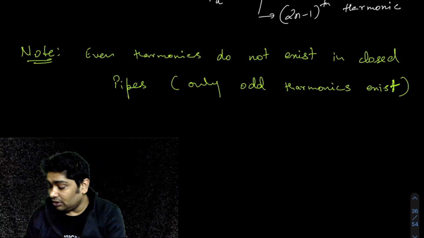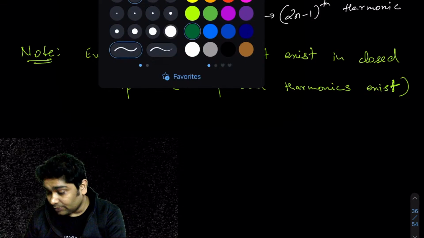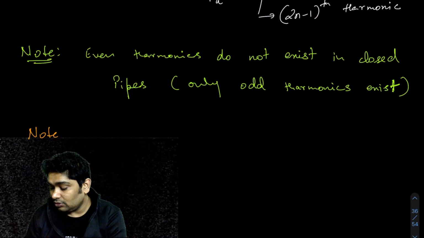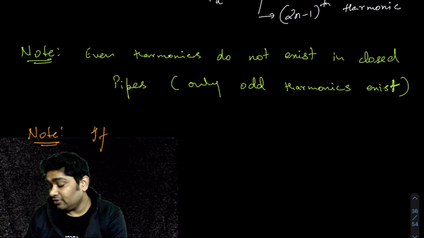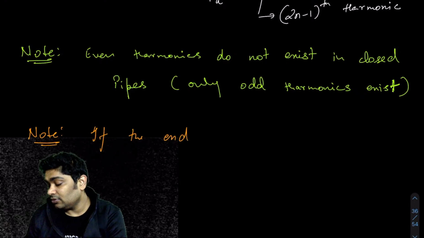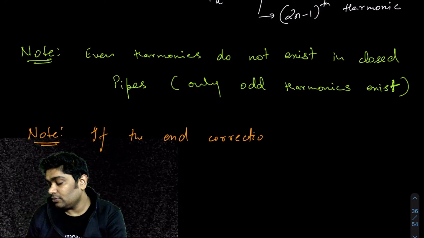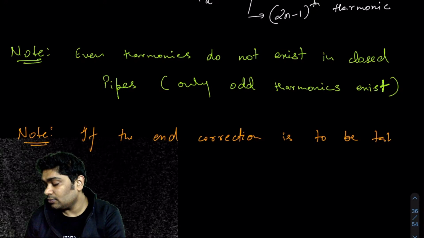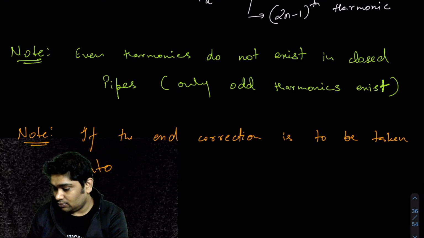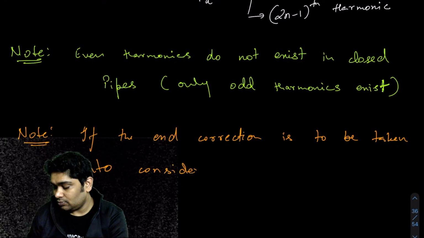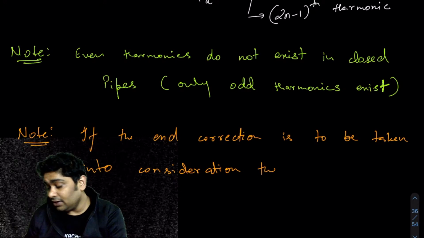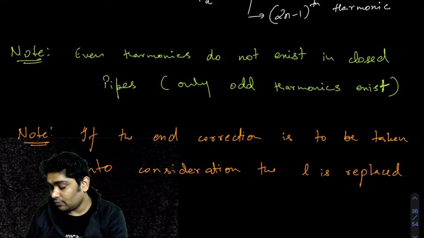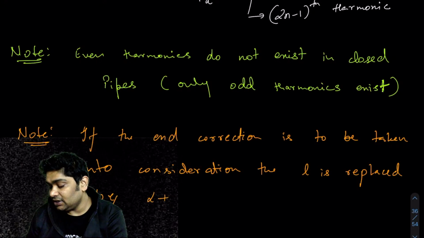So again, another note here. If end correction is to be taken into consideration, then L is replaced by L plus E in all the equations.